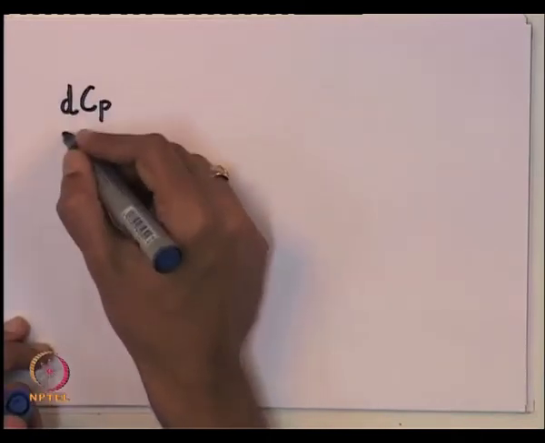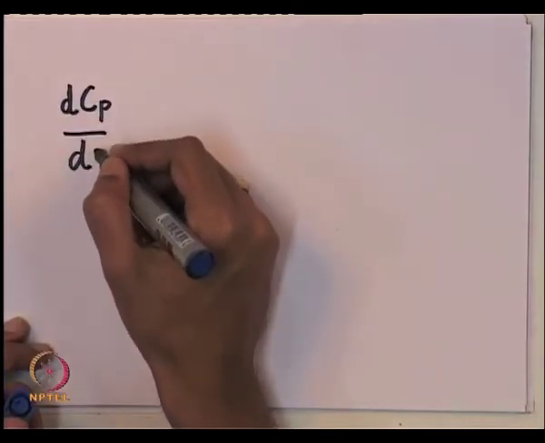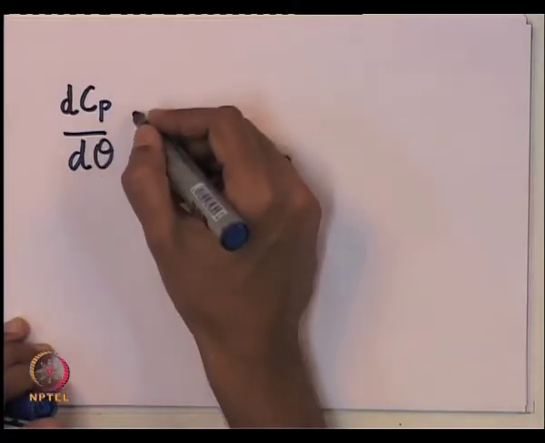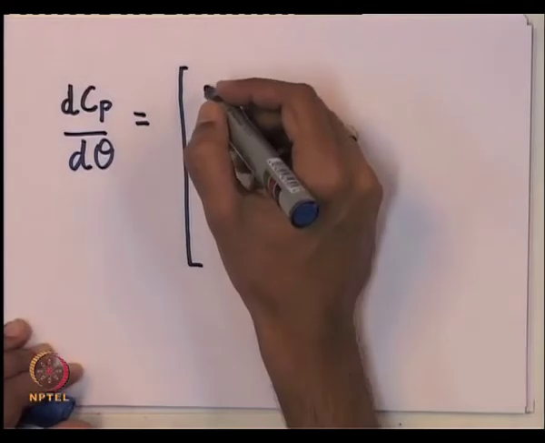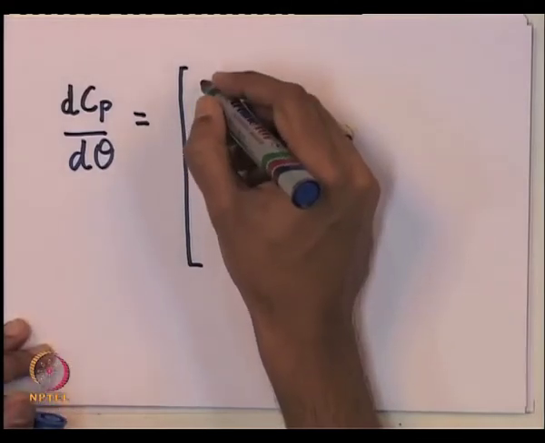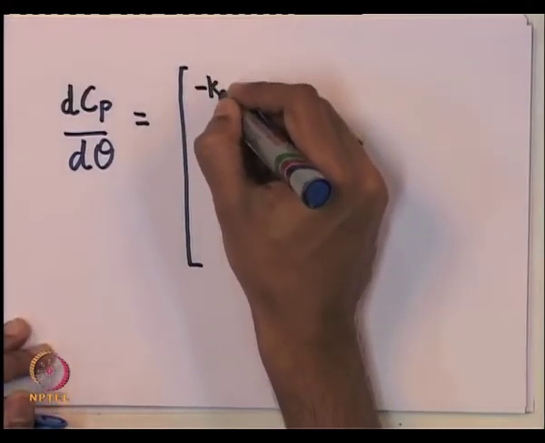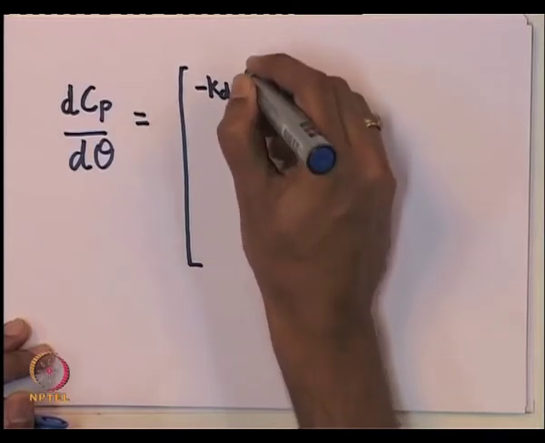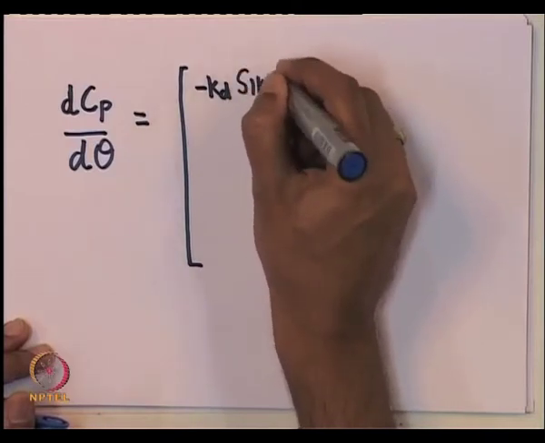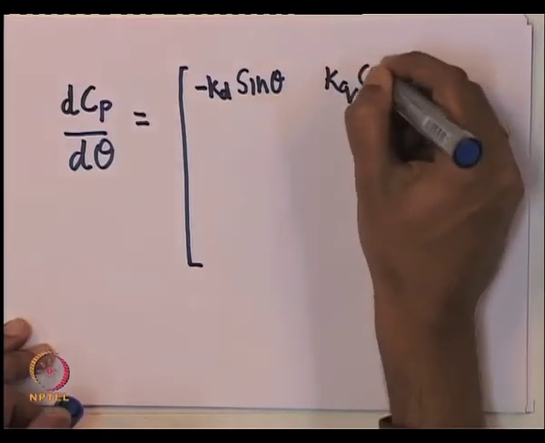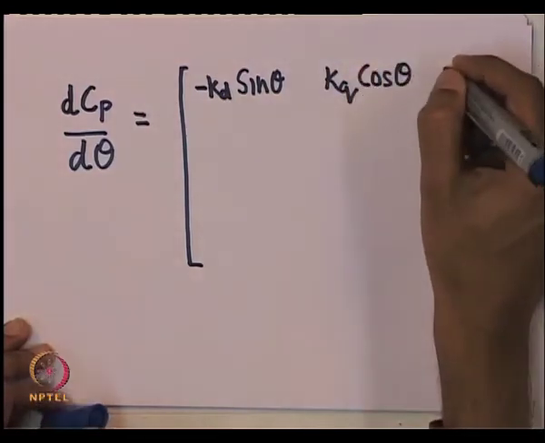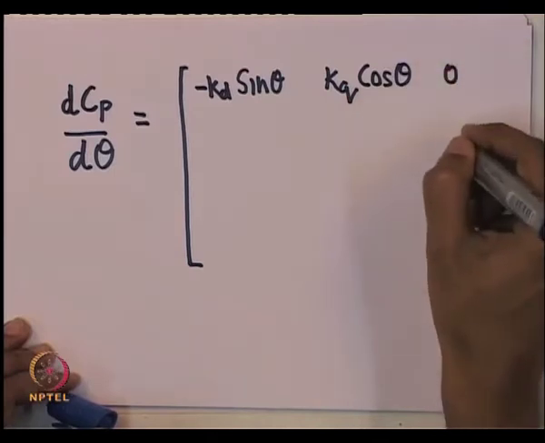d Cp by d theta, it is easy to see this, you take the derivative of the transformation. So, we will get minus k d sin theta, k q cos theta, and of course, k 0 when you take the derivative you will get 0.